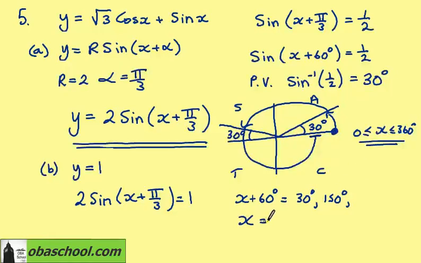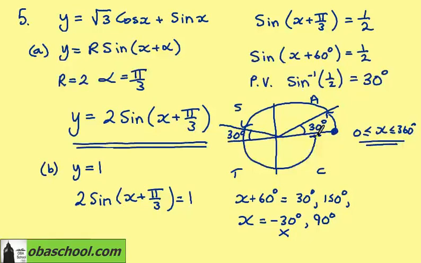Subtracting 60 from both sides gives minus 30, and 150 take 60 is 90. But minus 30 is not in the correct range.